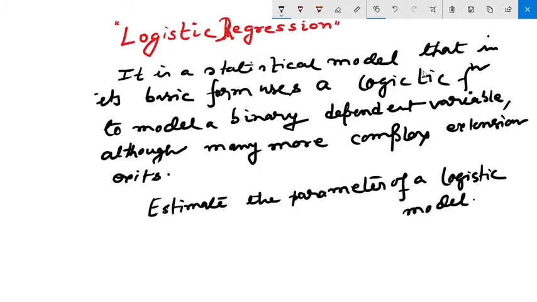Now, how this logistic regression actually is formulated, that we can understand from linear regression. Okay. So we cannot use a normal linear regression model on binary data. If the situation is something like this, let's say these are our data.